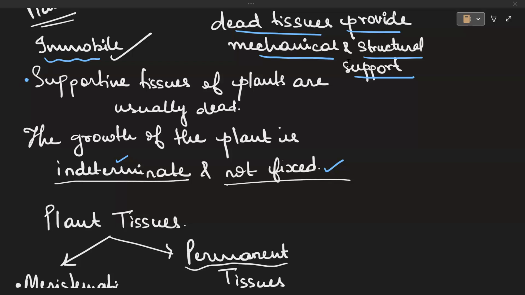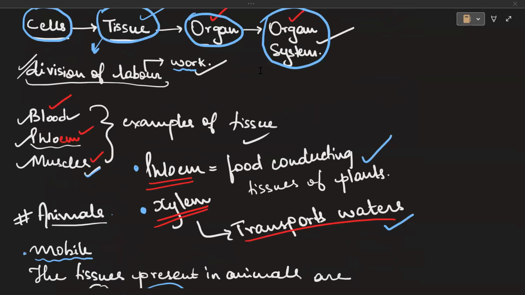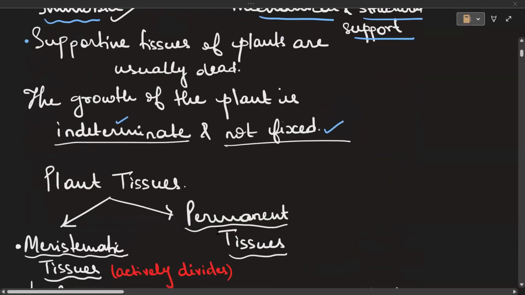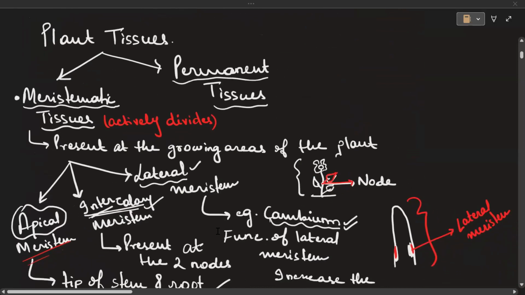All right. Now let us talk about the plant tissues. Up till now, is everything clear to everyone? Yes, ma'am. Okay. The plant tissues are of two types. The first type is the meristematic tissue.